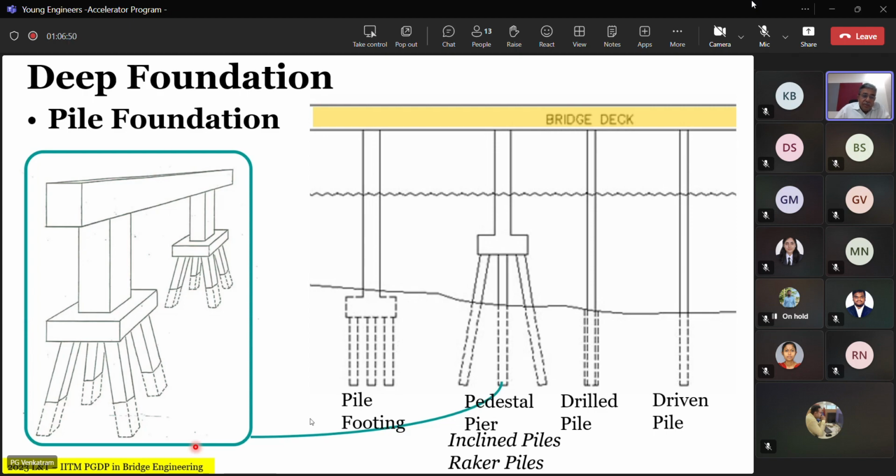Whereas when it comes to drilled piles, after you do the grouting, you're depending upon your conventional friction and end bearing pile. Where do you use raker piles? That's the next question. Where do you use the raker piles?